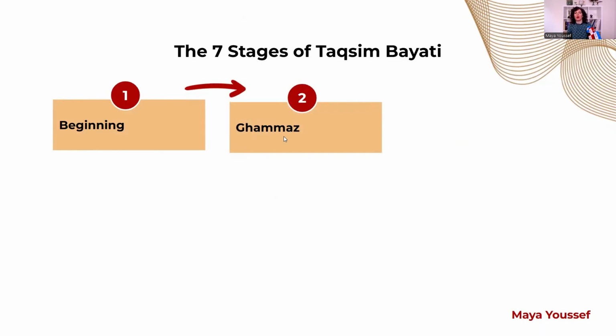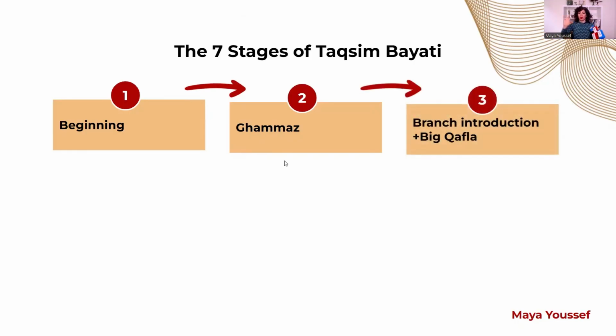Then we go into our first anchor, which is the ghammaz. The ghammaz is the last note in Bayati. So if this is your Bayati, this is your anchor. And then we go into the branch, we introduce the branch, and then we do something called a big qafla. A qafla simply means ending.